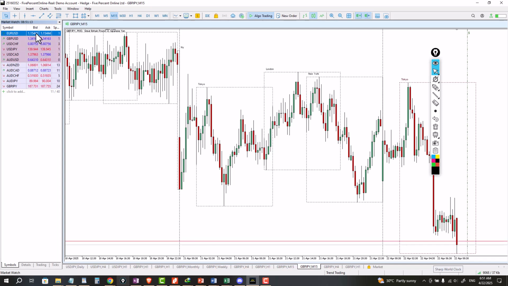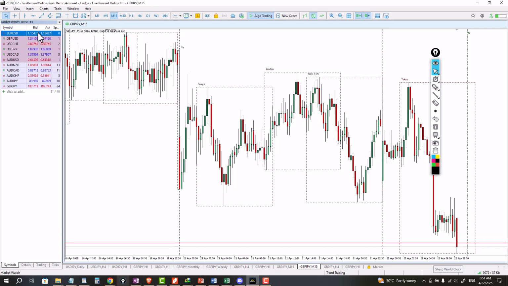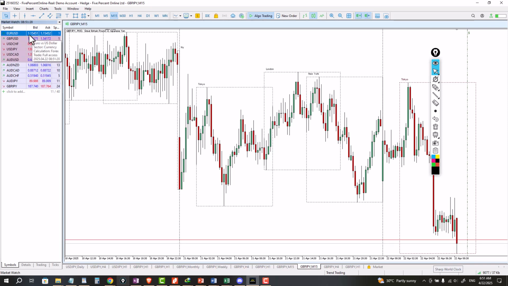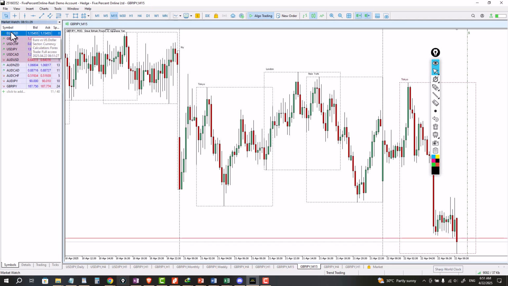This simply means that if you wanted to sell 1 unit of the euro, you would get $1.15448 for that euro. It keeps changing, so please bear this in mind. This is just to make you understand the concepts.